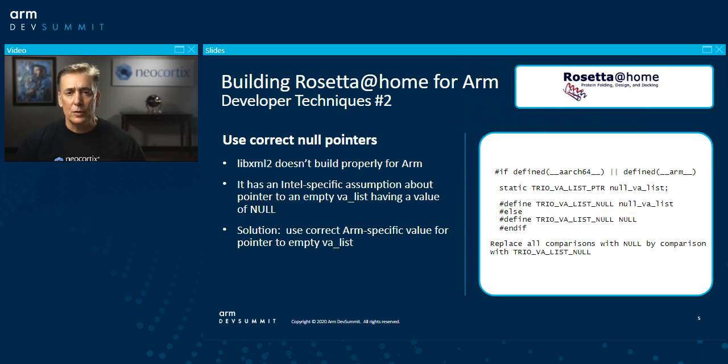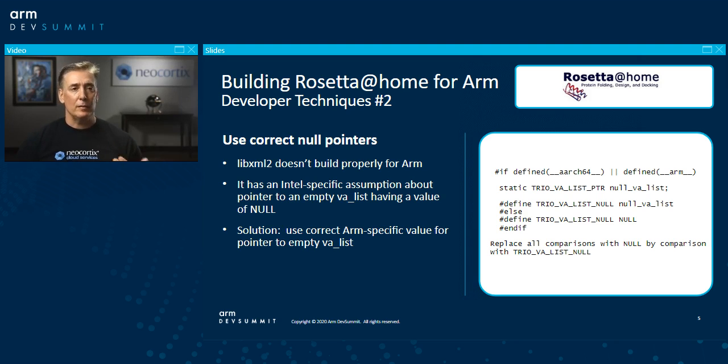The code snippet is shown in the right side panel. It creates a null list and then uses a pointer to that as the comparison value, rather than assuming that value is null. It turns out that in ARM, it's not null.